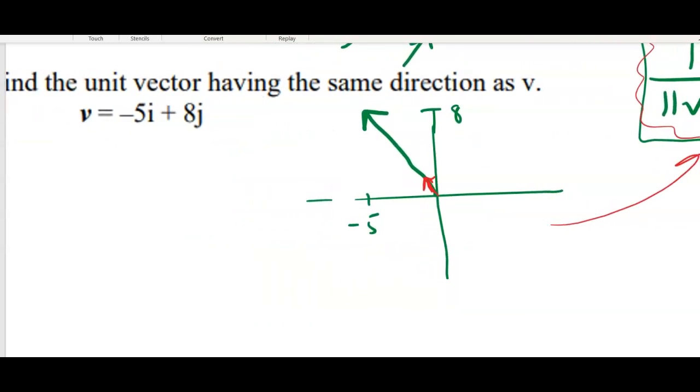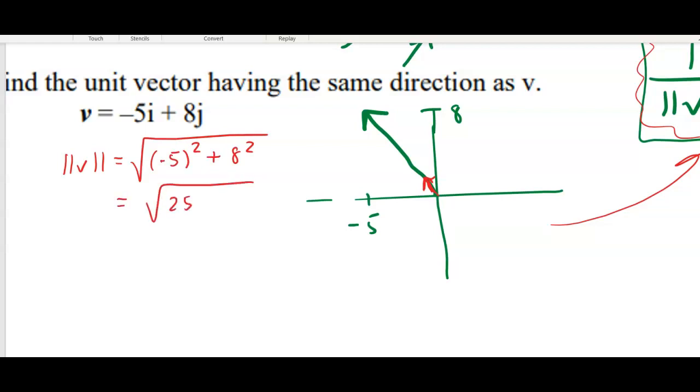So let's find the magnitude of v first. So -5 squared plus 8 squared equals 25, 64, 89. Root 89. So the length of this vector is the square root of 89, which is a little bit more than 9, between 9 and 10.